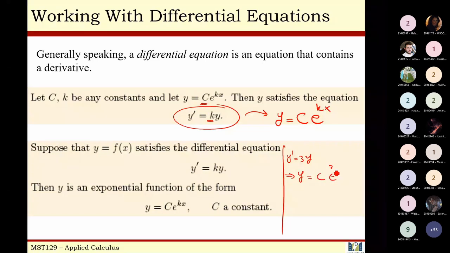This is the solution of the differential equation. Now, again, this is an example. What was the solution of this one? This equal C e to the power kx. What's the value of k? 1 over 3. 1 over 3 for x. Okay.